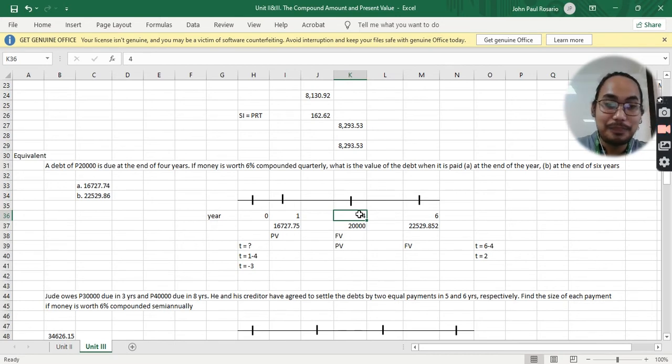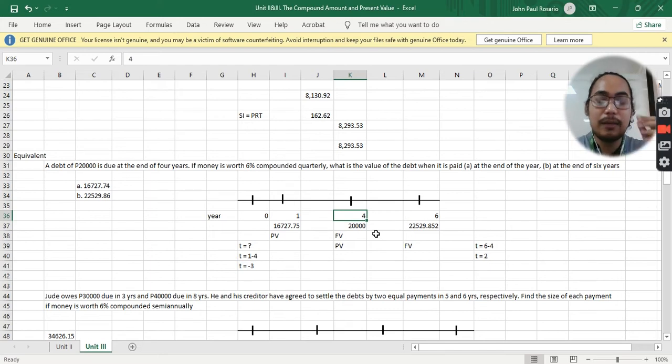So how much interest would you save if we're paying early? Again, our base year is year 4, and first is how much would you pay if you pay earlier by 3 years. How did we compute for the 3 years?